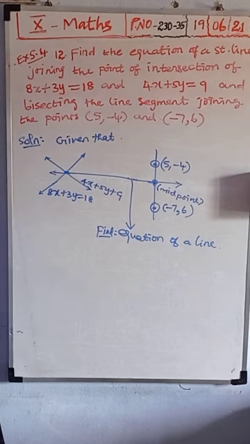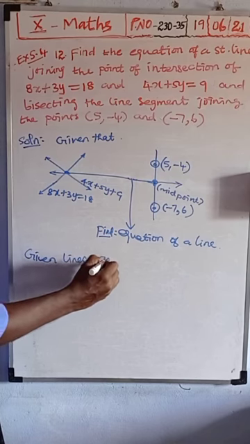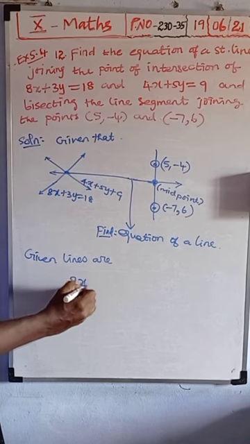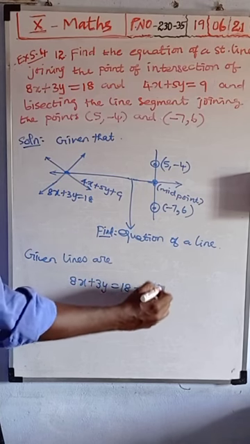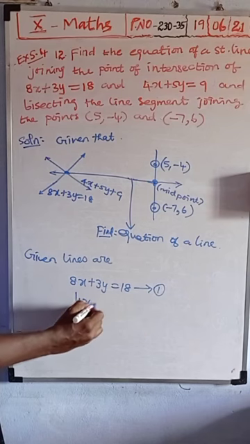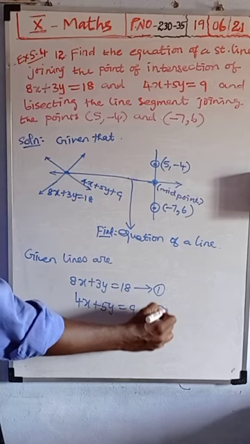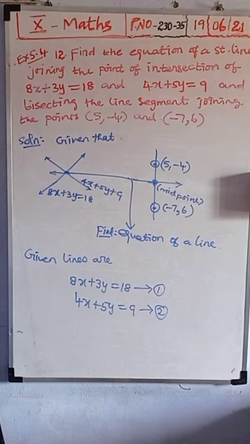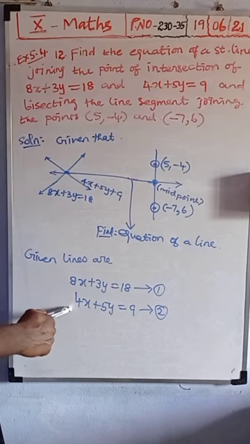For that, first you see the given lines you should write. The given lines are first 8x plus 3y is equal to 18. This is equation 1. Then 4x plus 5y is equal to 9. This is equation 2. Using the elimination method, you want to eliminate any one of the variables, so check the x coefficient. Here the x coefficient is 8, here the x coefficient is 4.